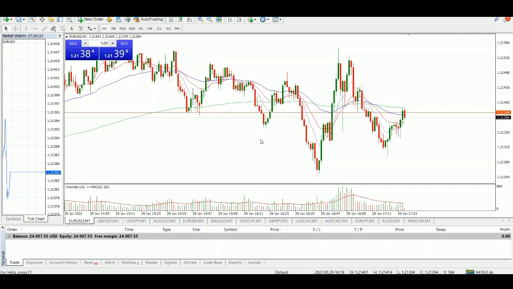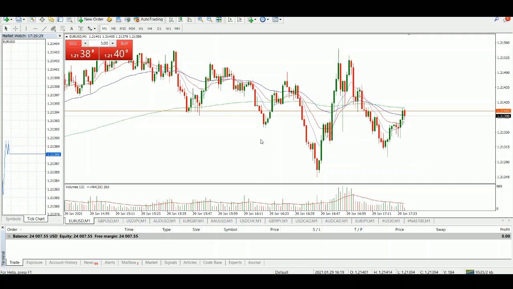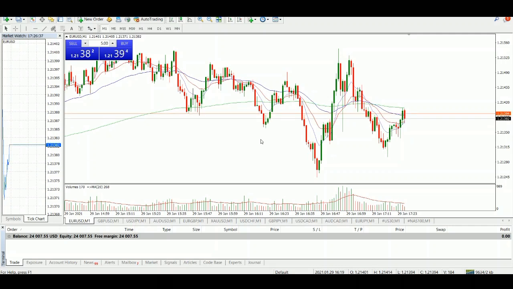But since you are using the whole secret, the 1% trading strategy, you don't have to worry about whether it is in trending or ranging mode. You don't have to analyze this, because that is one of the key secrets of the 1% trading strategy. So let's start showing how it is applied.